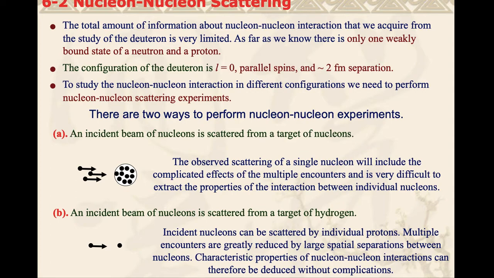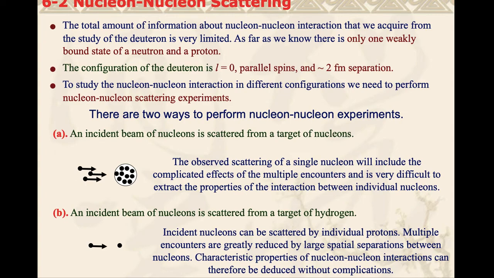Multiple encounters are generally reduced by large spatial separations between nucleons, because our nuclear range is very small and atoms have a separation of nearly more than the unit of angstrom. So the separation between two hydrogen atoms is very large compared to the nuclear range.